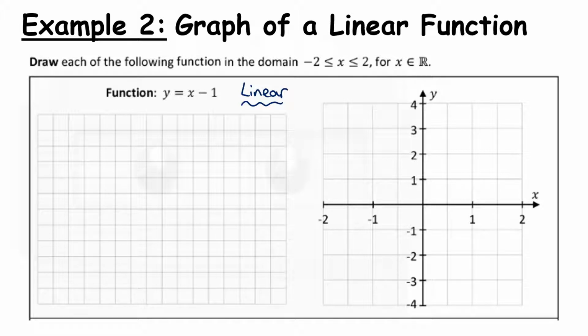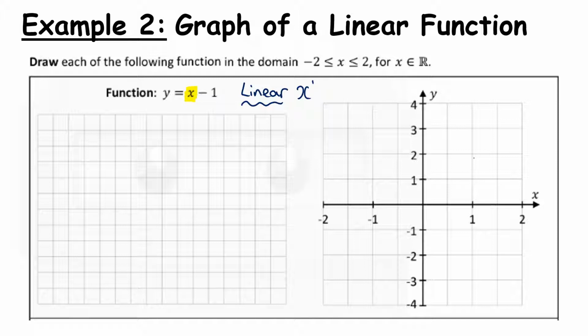But with a linear function, all I need to do is draw 2 points and use my ruler to connect them. The reason I know that this is linear is it looks like y equals mx plus c, or in particular, this x is to the power of 1. That's how we recognize a linear function, because it is an x on its own, or you can think of it as an x to the power of 1.